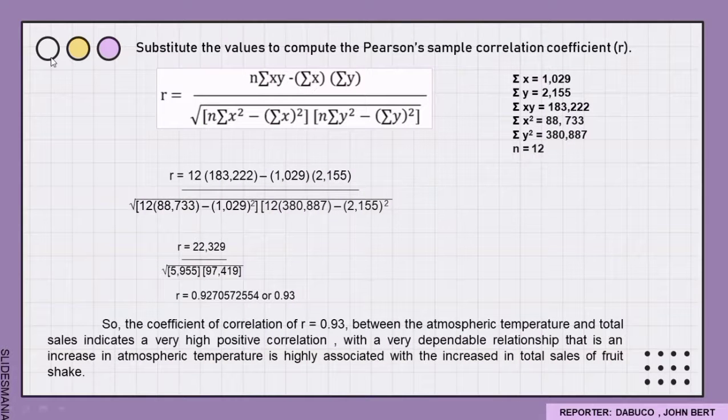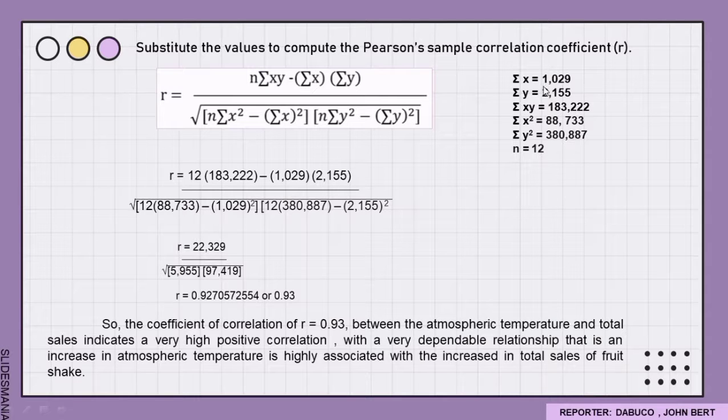So now we have to substitute the values to compute the Pearson sample correlation coefficient. It is symbolized R. R equals n sigma xy minus sigma x times sigma y, over the square root of n sigma x squared minus sigma x quantity squared, and then n sigma y squared minus sigma y quantity squared.